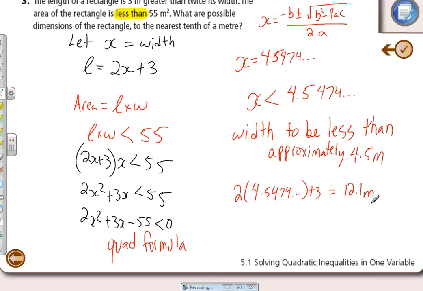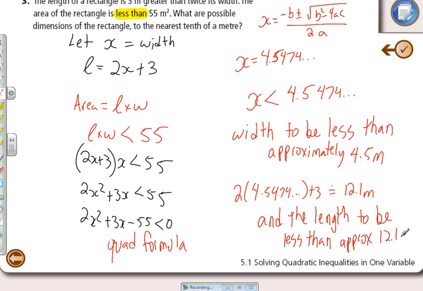12.1 meters. So the width is to be less than approximately 4.5 meters, and the length to be less than or approximately 12.1 meters.